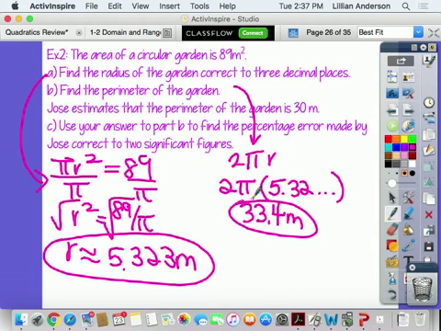Now, Jose estimates the perimeter of the garden is 30 meters. You're going to use our answer to part B to find the percentage error made by Jose, correct to 2 significant figures. Percentage error. 33.4. Okay, that's fine.